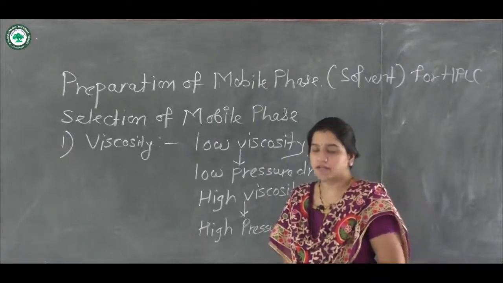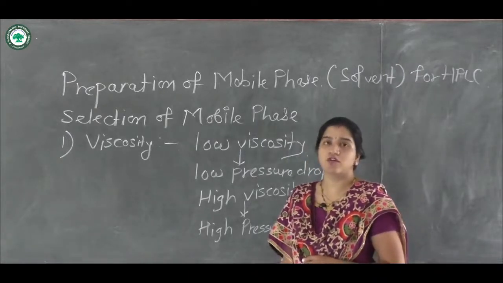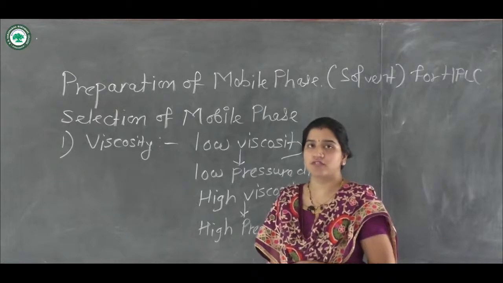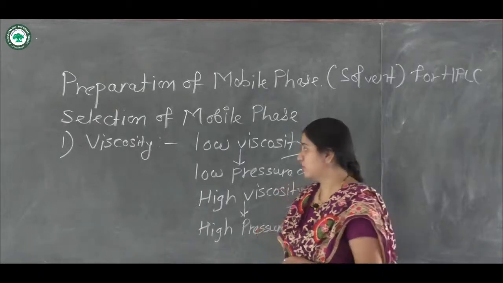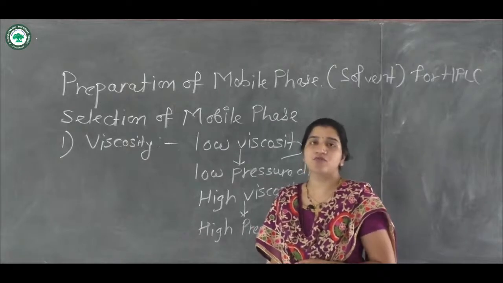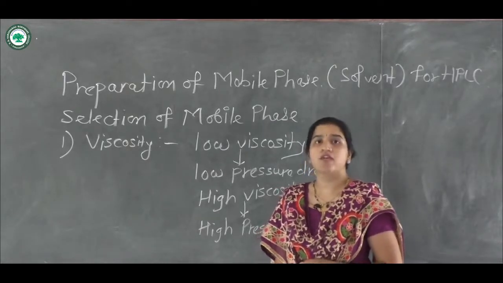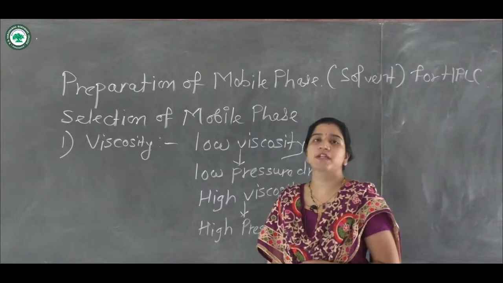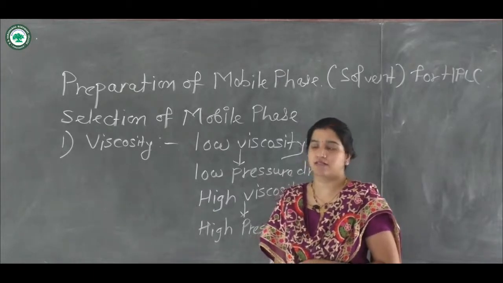Hence, every time it is very necessary to select a solvent having low viscosity. As it has a low viscosity, it will produce a low pressure drop, and as it produces a low pressure drop, flowing such a solvent through the HPLC column is a very easy task.